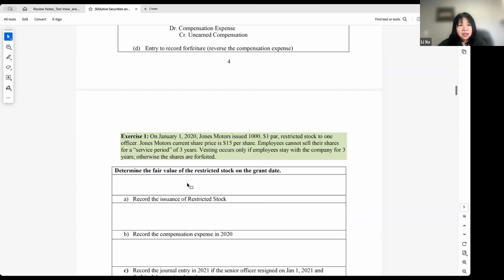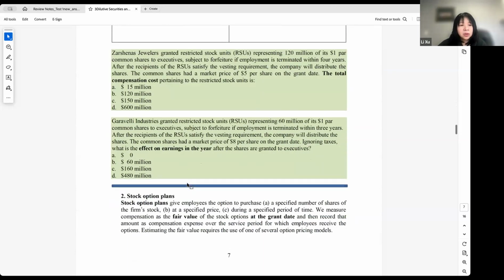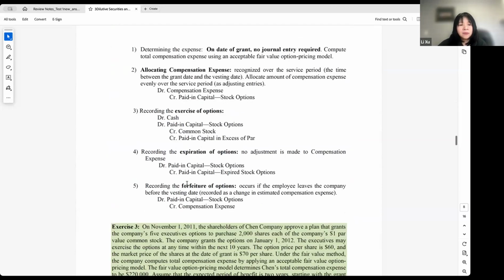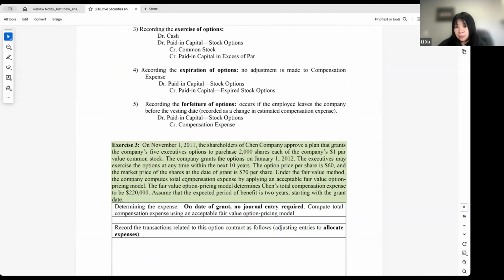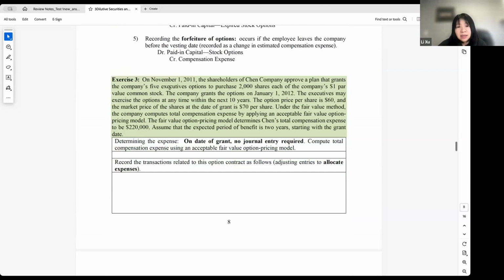Okay, so here, skip exercise 1, skip exercise 2, and you want to really focus on exercise 3. So go over this question, understand this example. I may just use a similar example, but I will change the data a little bit or change the vesting period a little bit.